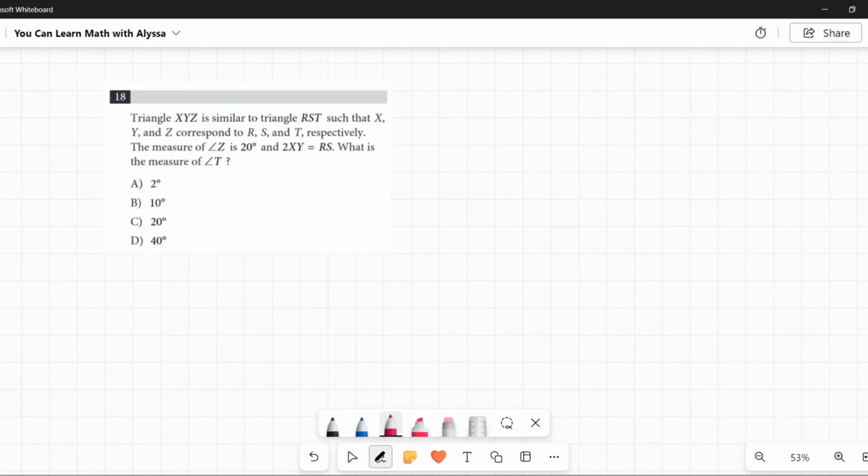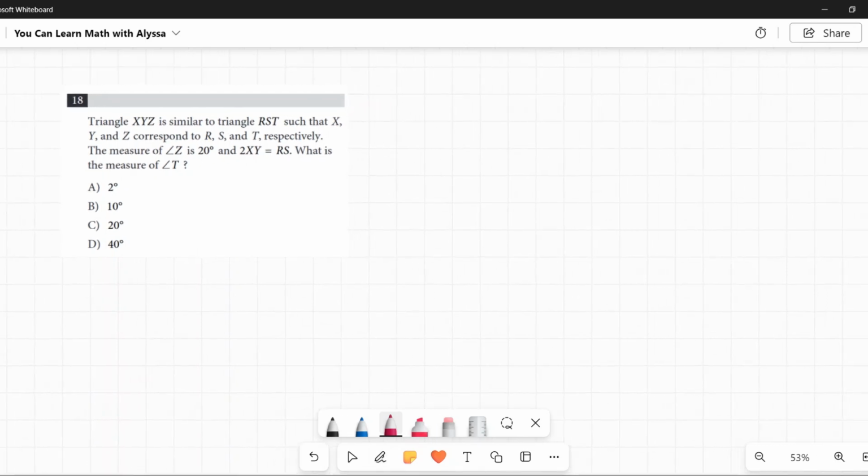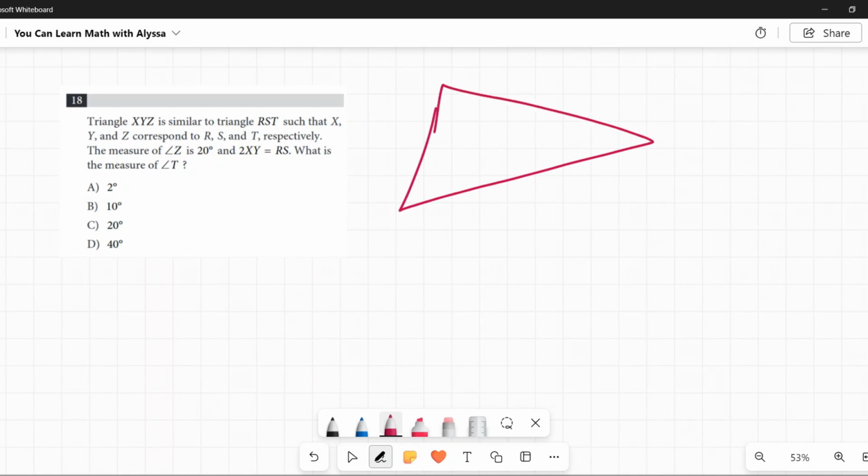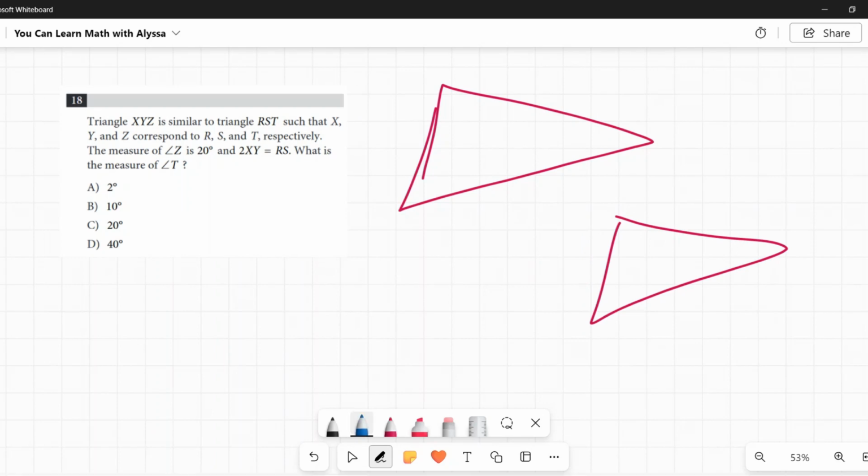Number 18. Triangle XYZ is similar to triangle RST such that, and even before I go any farther, I'm going to draw some triangles. I don't know what they look like, but I'm just going to draw two triangles that are vaguely similar. My first one is X, Y, Z, and the next one is R, S, T. Such that X, Y, and Z correspond to R, S, and T respectively.